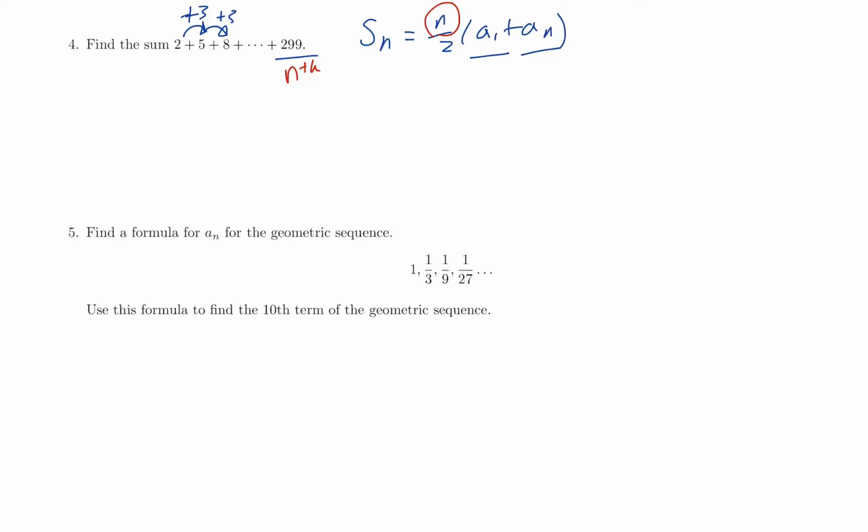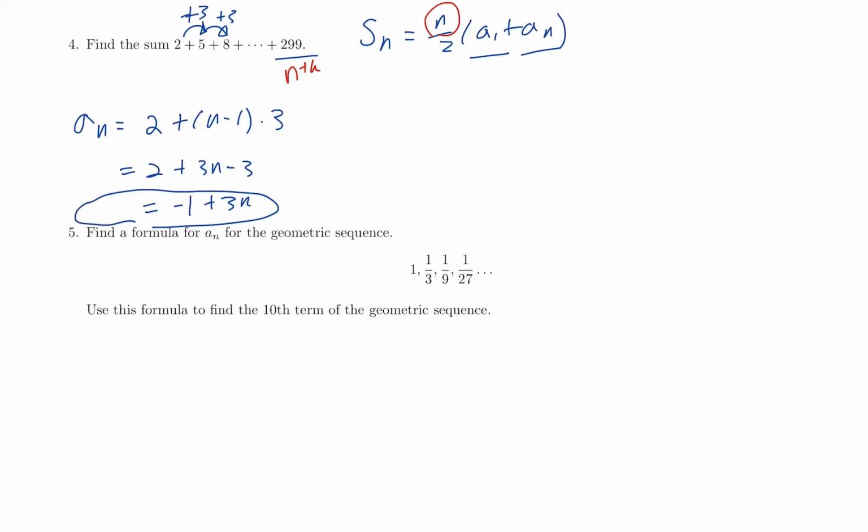We know that a sub n equals the first term plus n minus 1 times the common difference, which is 3. Simplify: 2 plus 3n minus 3 gives me negative 1 plus 3n. This is the equation for the arithmetic sequence.